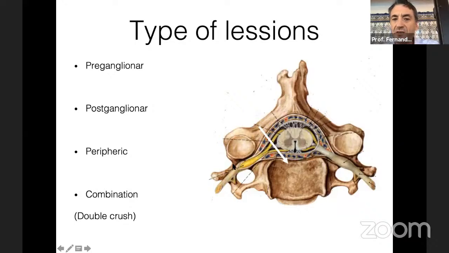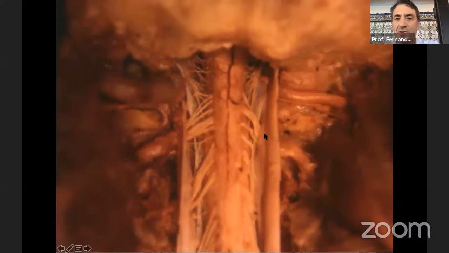Also, we can find postganglionic lesions and lesions of the plexus itself. And also we can find combinations of these kinds of lesions, but in more than 90% of the cases, the lesion is located here in the preganglionic nerve.